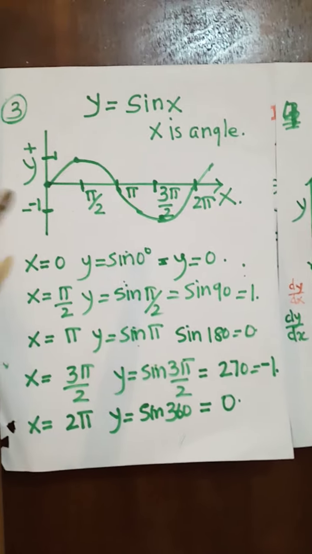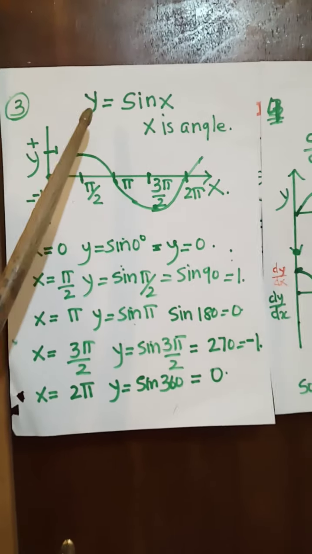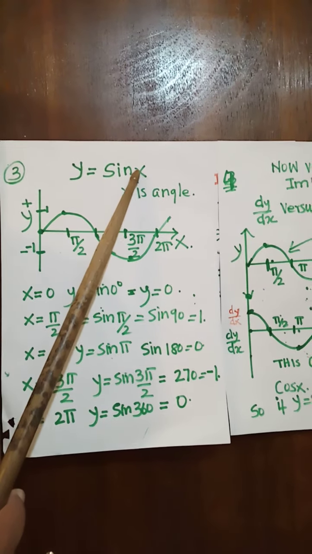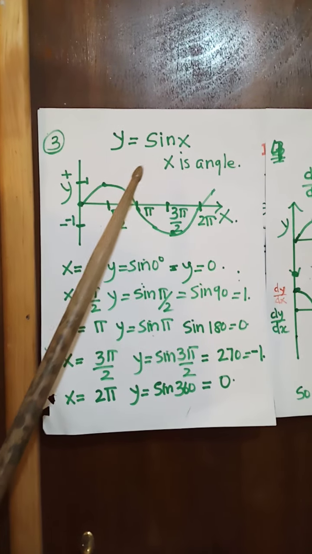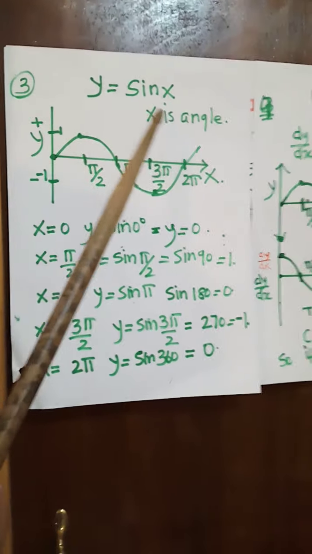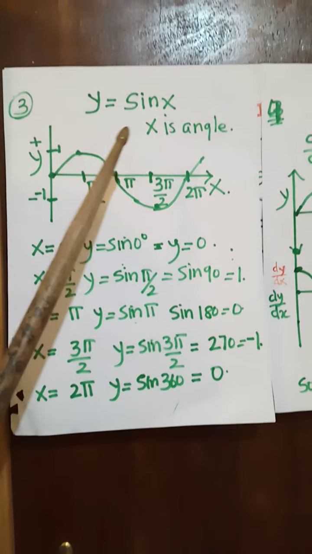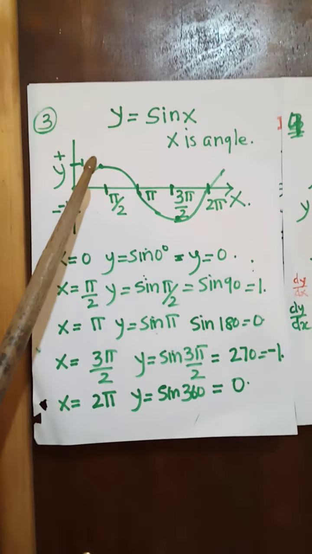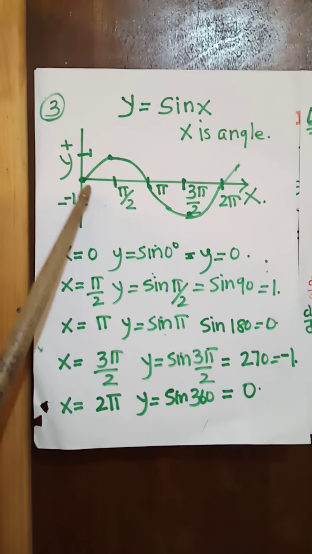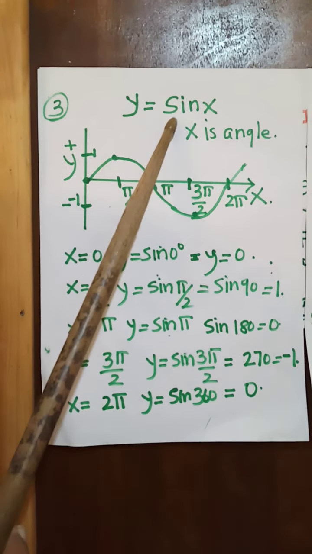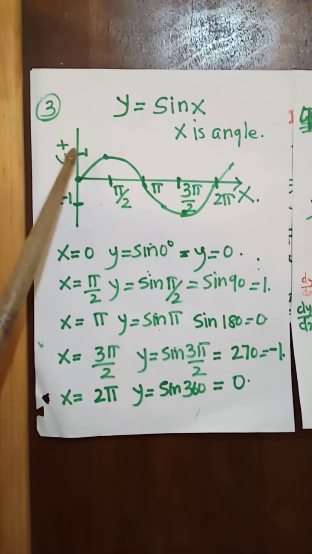Now we come to a more important one. y is equal to sine x. x is the angle. And I'll tell you, children, nobody has done this one to tell you the beauty of this. See, now, when you plot y and x, when x is 0, sine 0 is 0.